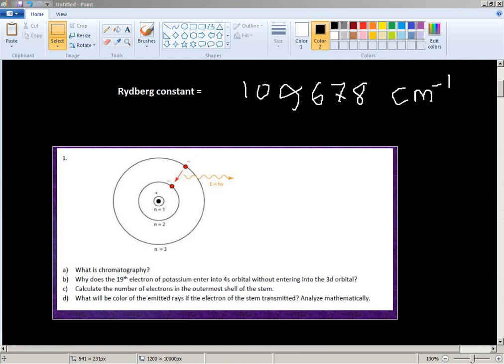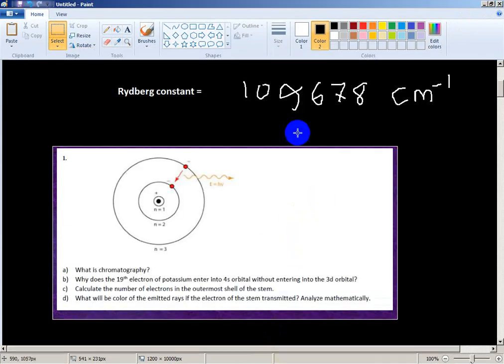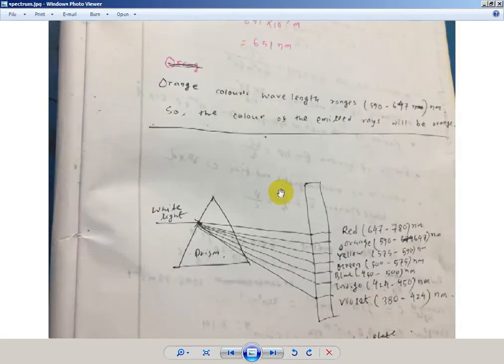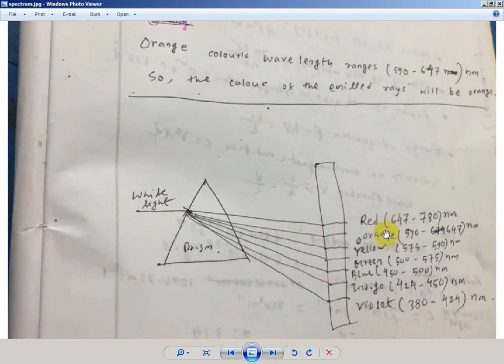At first we will calculate the wavelength. The wavelength tells us the color.